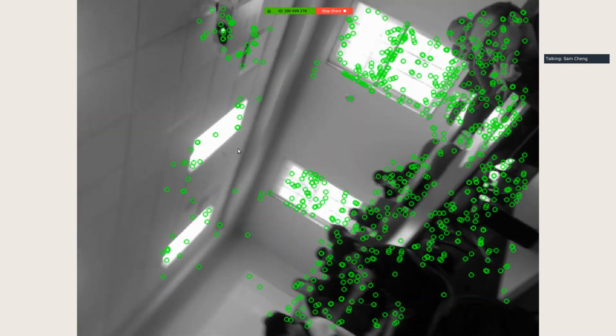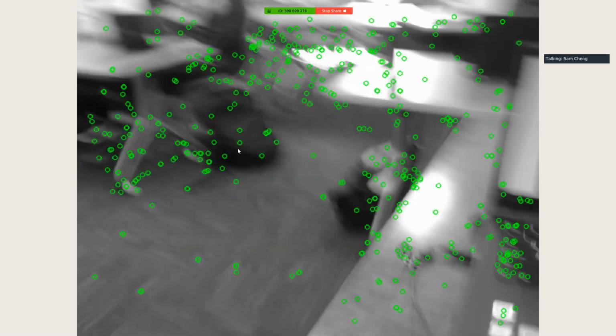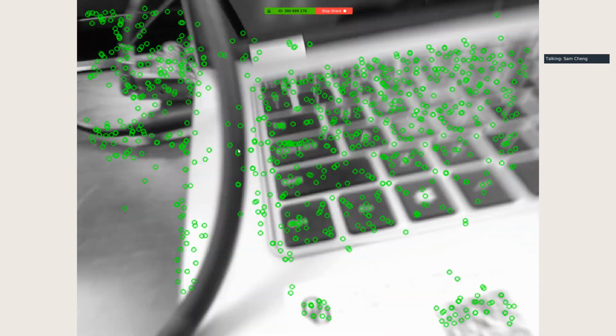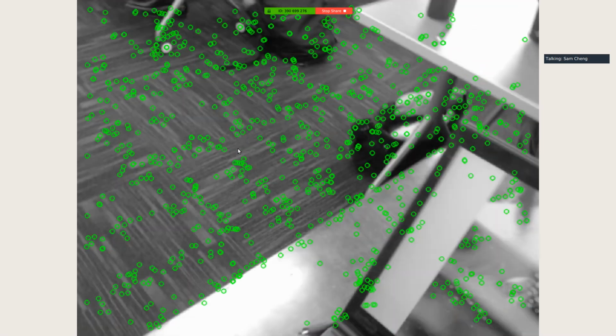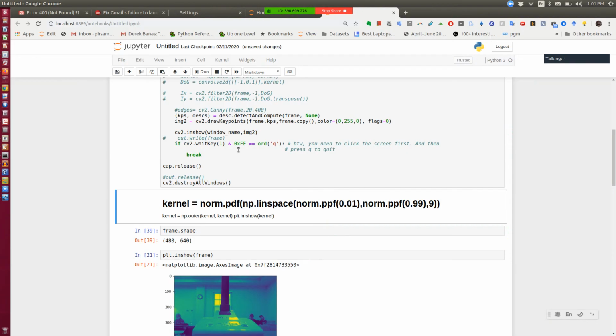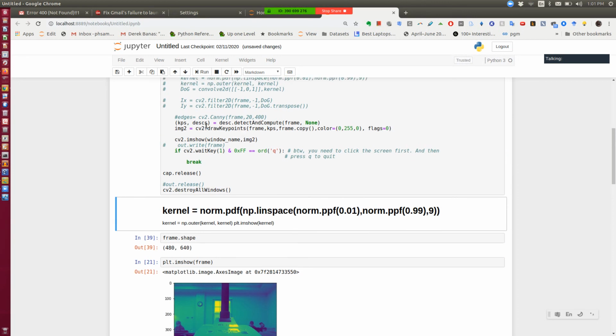If you have an exact logo on the package, this kind of algorithm will work well, and computationally it's not very expensive. Once you find the key points, it has already computed the descriptors too.